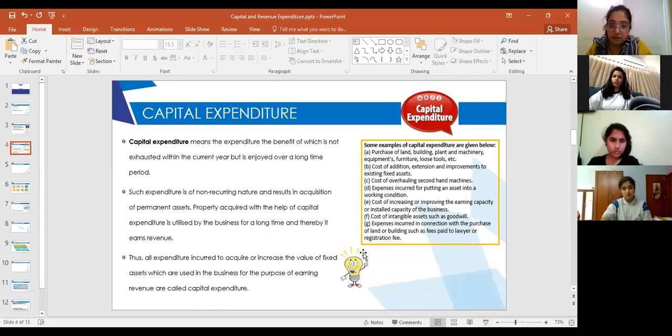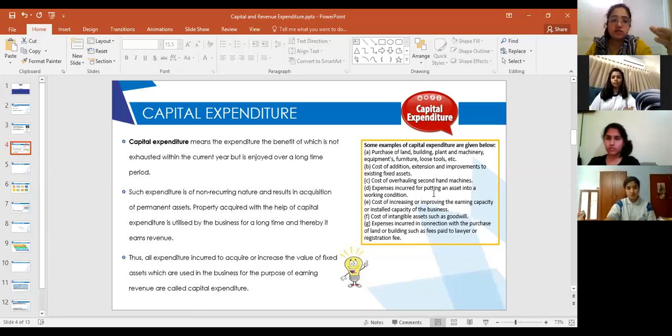What are the examples? Purchase of land and building, cost of addition, extension, and improvement in the existing fixed asset. Say I bought a fixed asset, but I'm going to add a new feature to it. Say my machine was more human-based, and I have added a part because of which it can be more modernized. Expenses incurred for putting an asset in working condition.